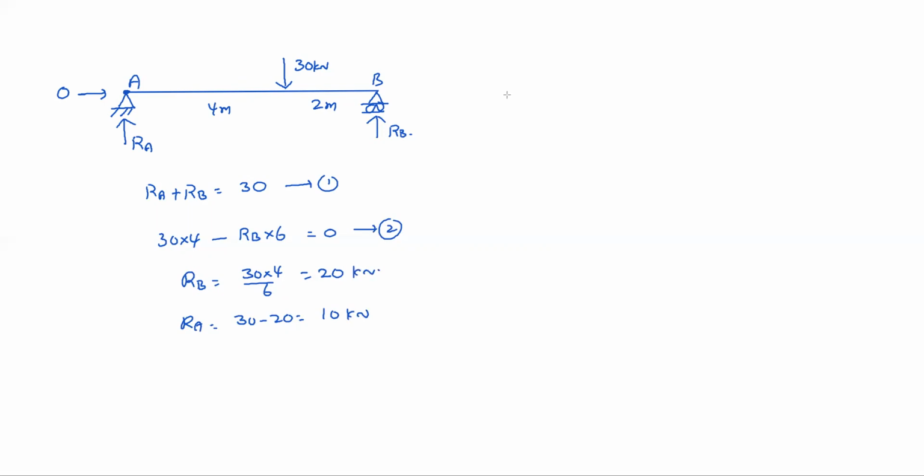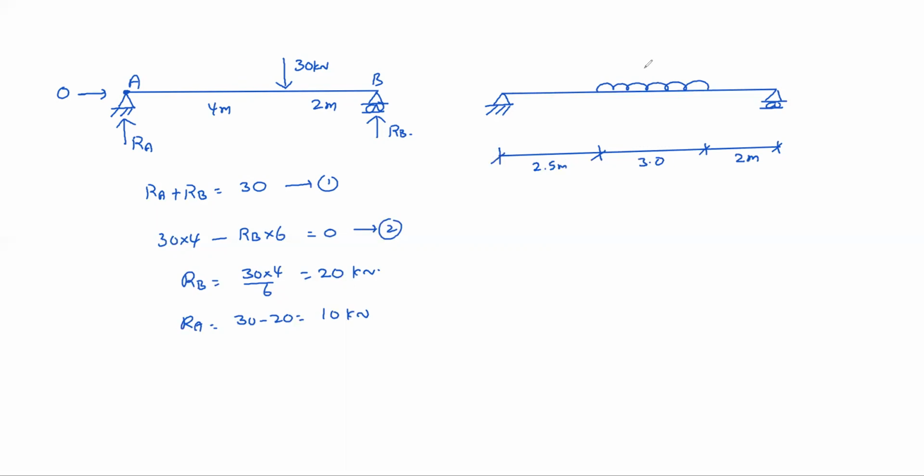So similarly, sometimes the load may be UDL, like this. Suppose this is 2 meters, this is 3 meters, this is 2.5 meters. So intensity 20 kilonewton per meter. A point, B point.